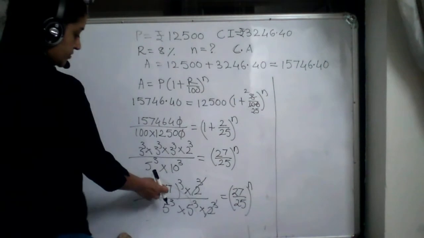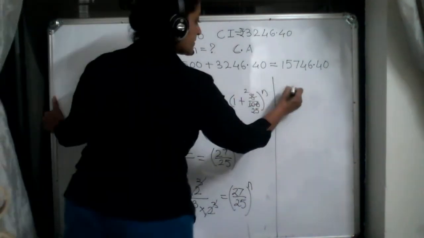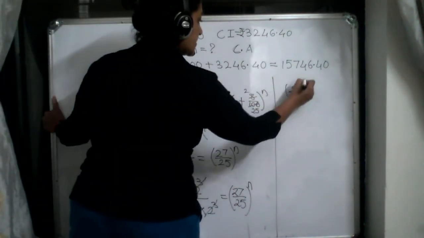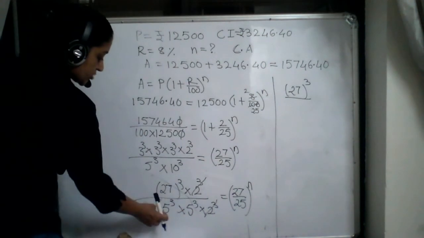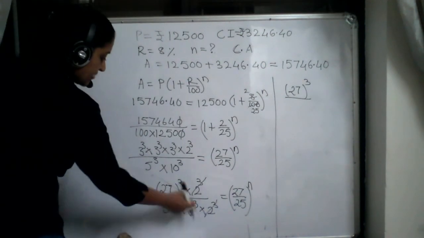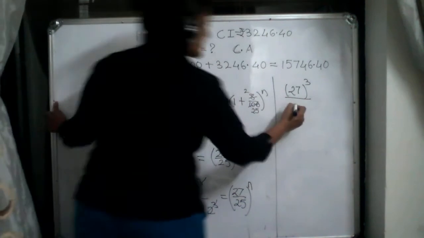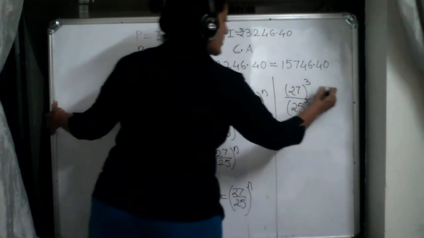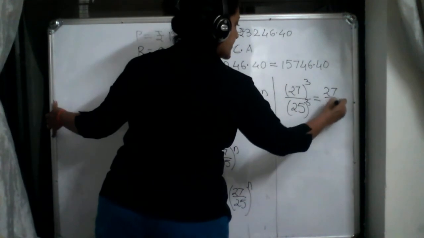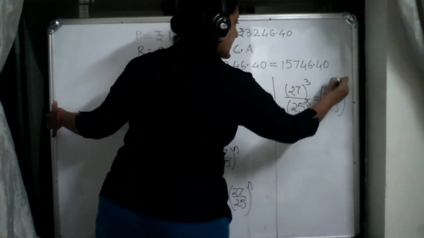Now 27 to the power 3 upon 5 cube into 5 cube, so A cube into B cube is AB raised to the power 3, like that it will be 25 to the power 3, which will be equal to 27 upon 25 to the power n.